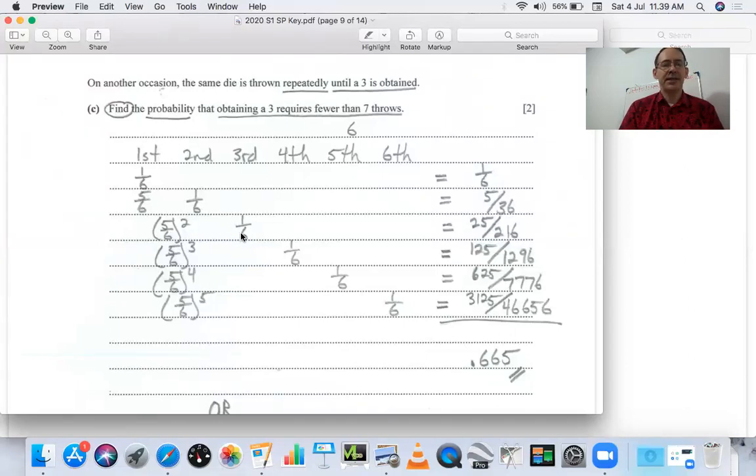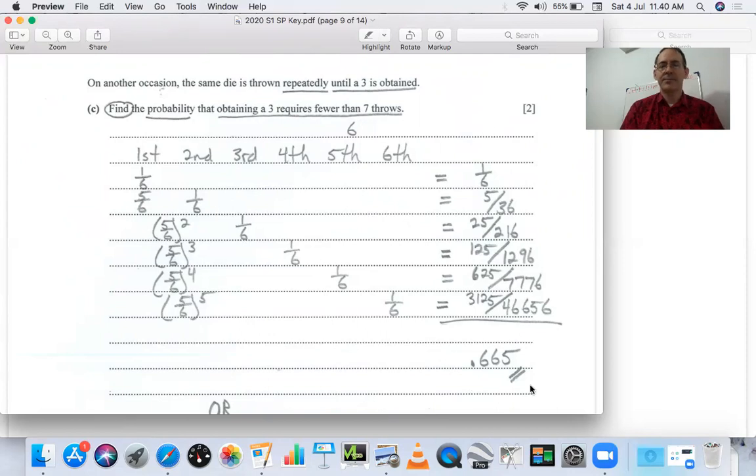So our p times q to the r minus 1. Again, for the fourth one, p times q to the r minus 1, r being 4 minus 1 is now 3. This one's 5. So here's our p times q to the 5 minus 1, which is 4, fourth power. And then for the sixth one, we have it raised to the 5th power. We multiply all that out, we do the exponents and multiply, and we get all these numbers over here.